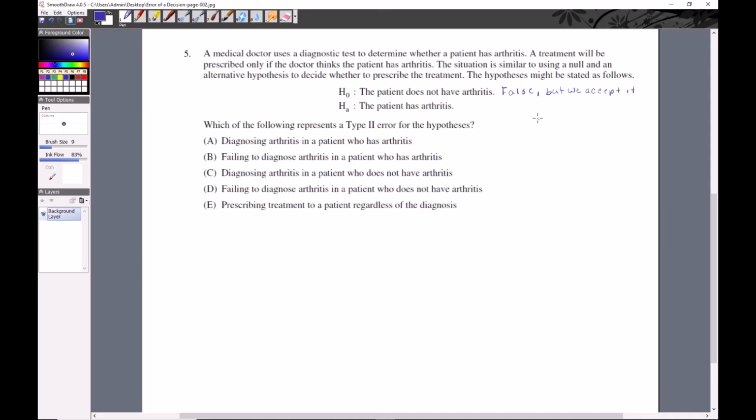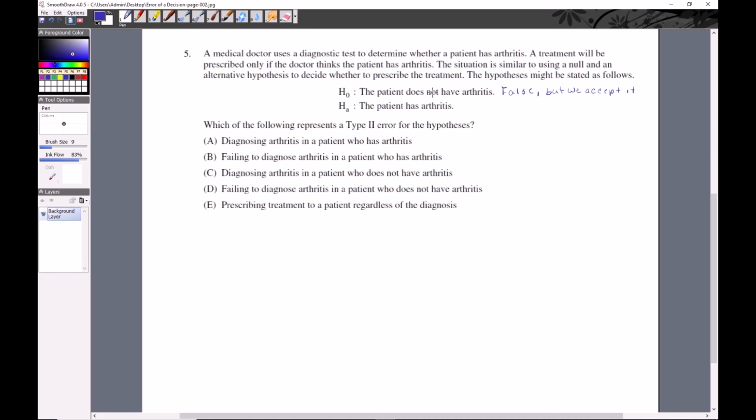All right, so let's see what we've got here. Diagnosing arthritis in a patient who has arthritis. Well, that's claiming that this is false in a patient who does have arthritis.